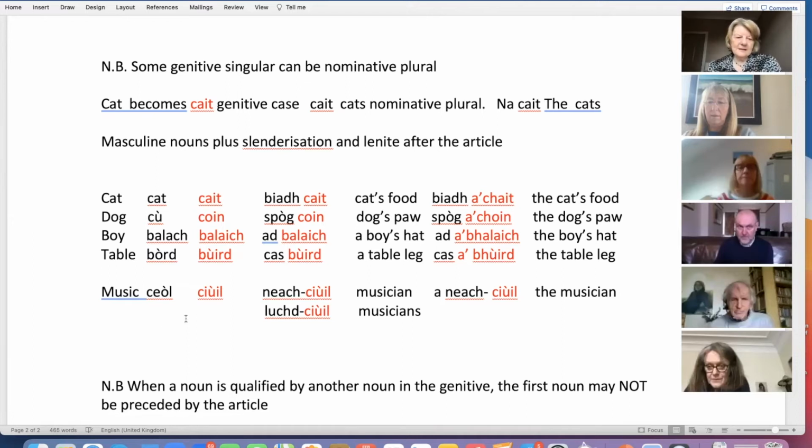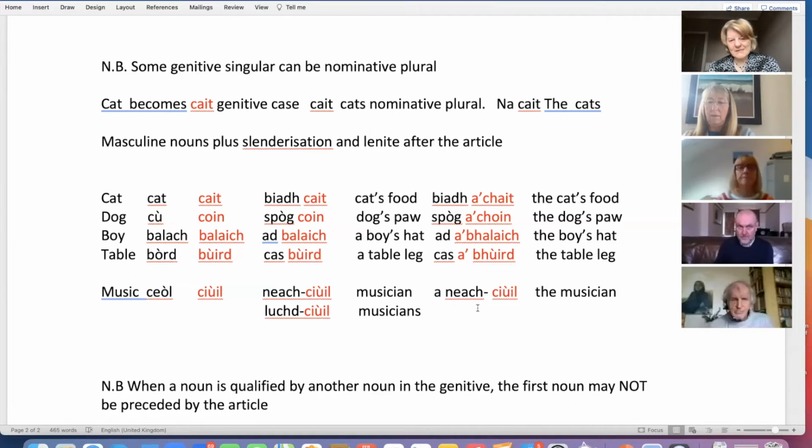Ian Kennedy. Music, ciùil. Neach-ciùil, a musician. Luchd-ciùil, musicians, plural. Why is the 'a' not between the neach and ciùil? It's making it a definite article. Neach-ciùil is the musician.